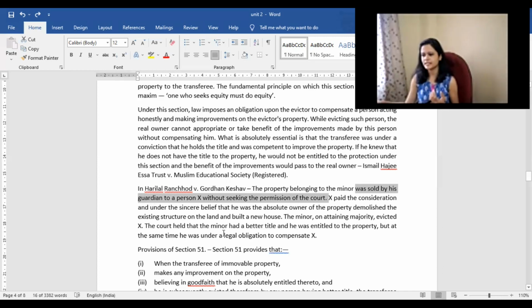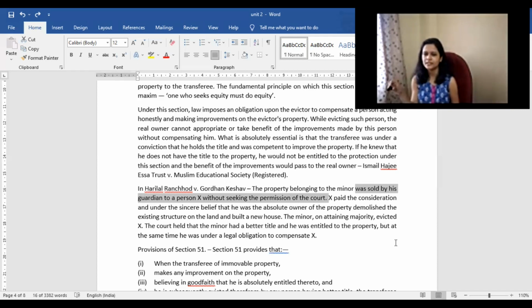So in this case, court held that the minor had a better title, because without asking for court's permission, the guardian sold the property. So yes, the minor has a better title and was entitled to the property also, but at the same time, he was under legal obligation to compensate this other person, because he had done so many improvements and everything.